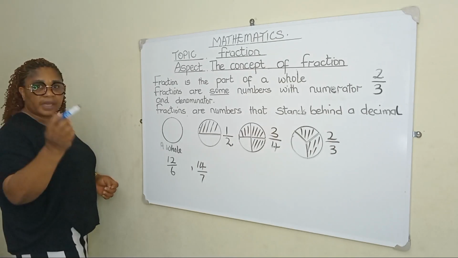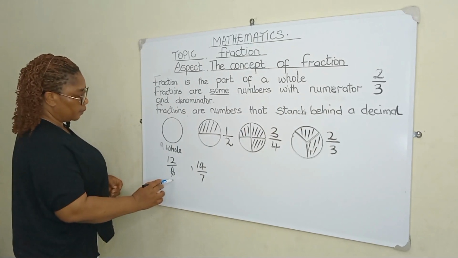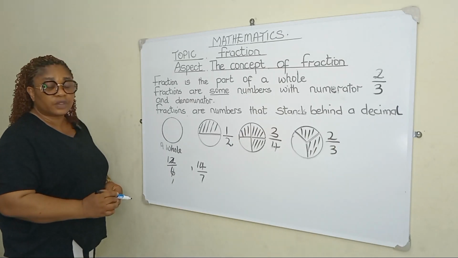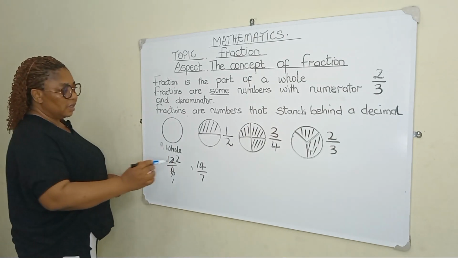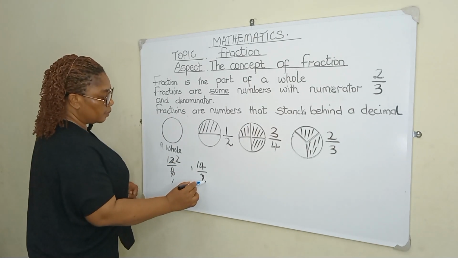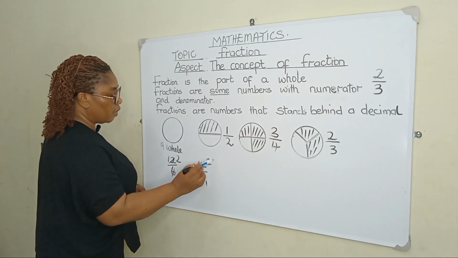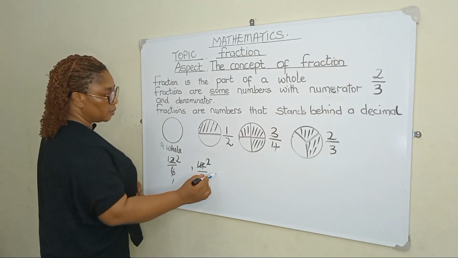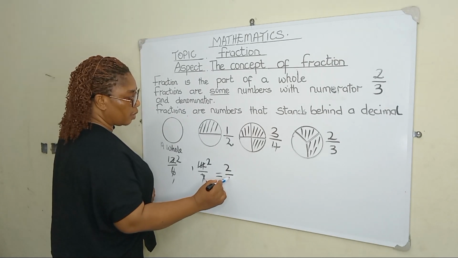Why? Because 6 can divide itself and can divide 12, and when it divides 12, we have 2. 7 can divide itself and can also divide 14, and we have 2. The value of these two fractions is 2 over 1.